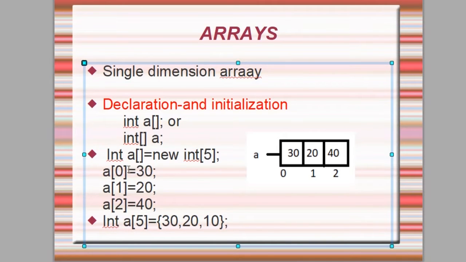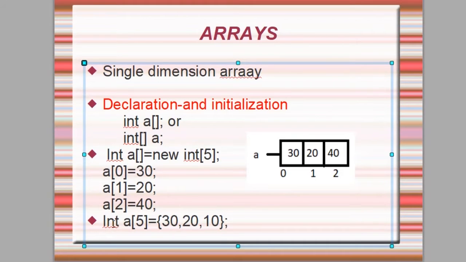Here a of 0 means I am storing 30 at index 0, I am storing 20 at the first index, and I am storing 40 at the second index. This is how to declare and initialize a single dimension array.